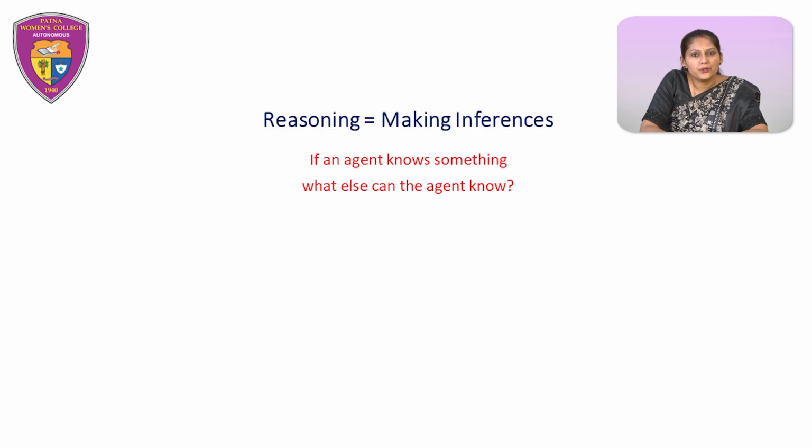Now, we should know what is reasoning. Reasoning can be understood as inferences. If an agent knows something, what else can that agent infer from the given facts? We can take an example of reasoning: if we were given a question of finding the next number in a series which follows a specific pattern which we have to find to complete the reasoning question, how do we find that?